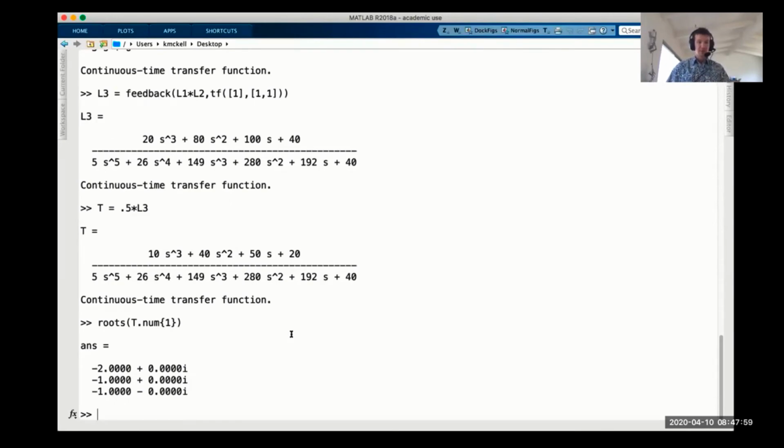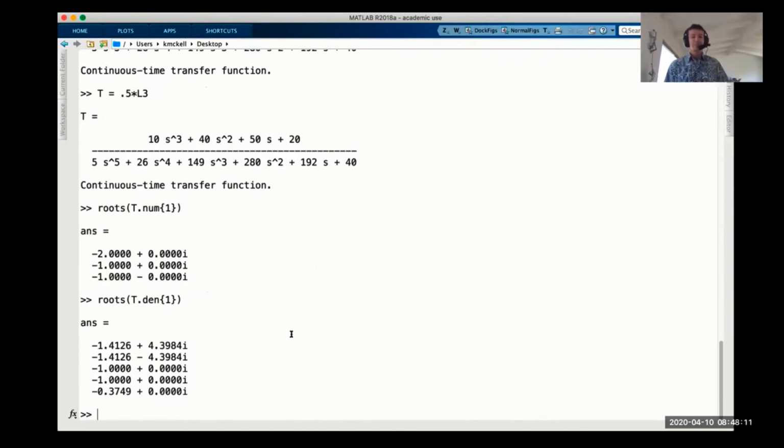So to find the poles, I'm going to do a similar expression, roots of the denominator of t and the first entry in that denominator array. All right, so Matlab tells me that there are 5 roots, 5th order polynomial, that's good. 2 of them are complex conjugates. 2 of them are repeated poles at -1. Oh, that's interesting. I had repeated zeros at -1 as well. And one of them is a real pole at negative 0.37.